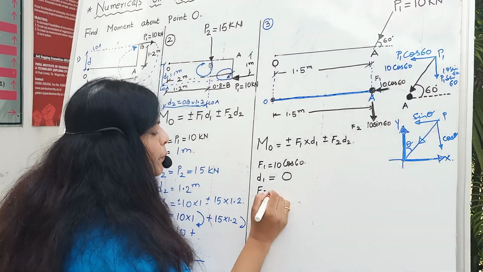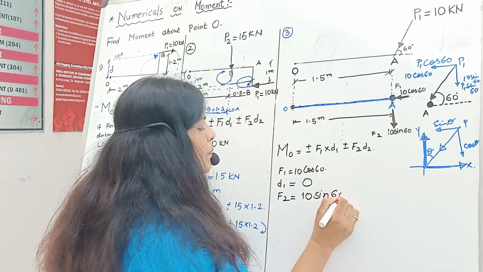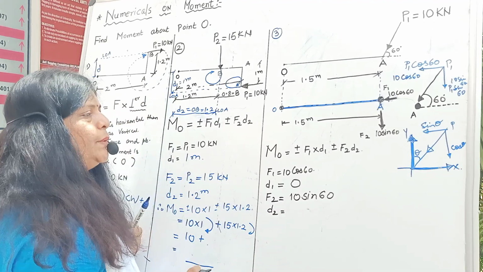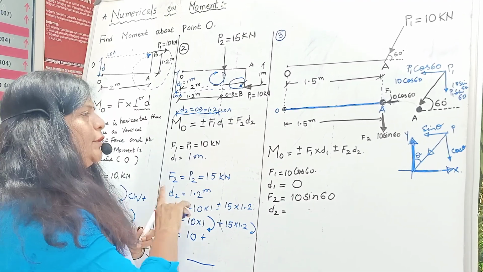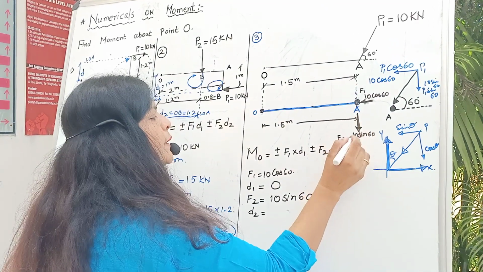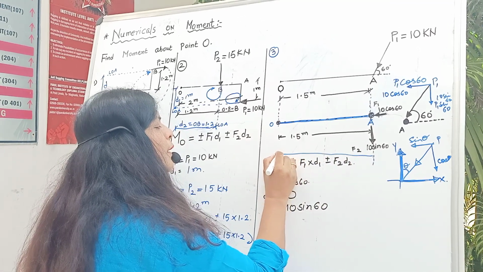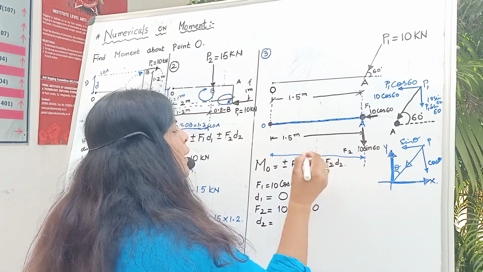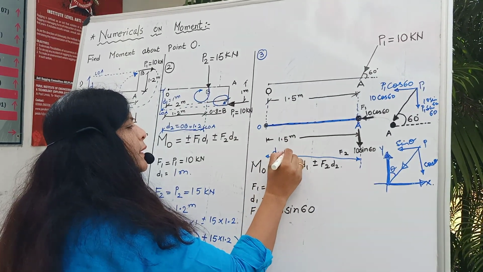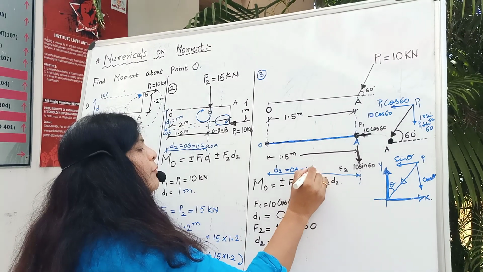Now F2. What is F2? 10 sin 60. Okay. And what is D2? So I will extend the line of action. So I am extending the line of action in the forward and backward direction. So this distance up to point O will be your perpendicular distance, that is equal to OA, that is equal to 1.5 meter.